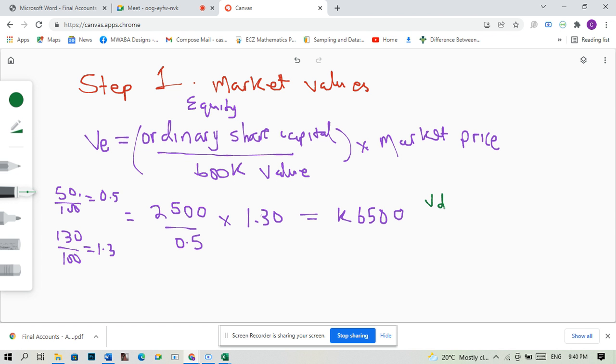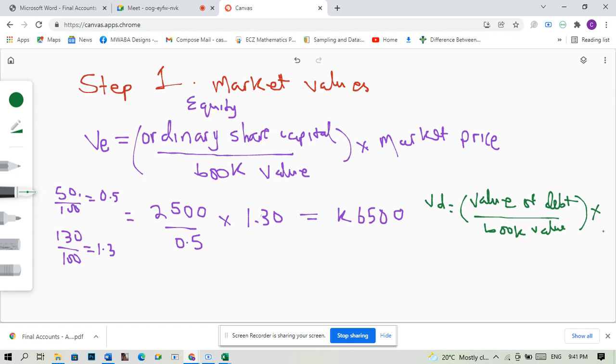So VD equals, right, value of the debt over the book value of the debt multiplied by the market price of the debt.